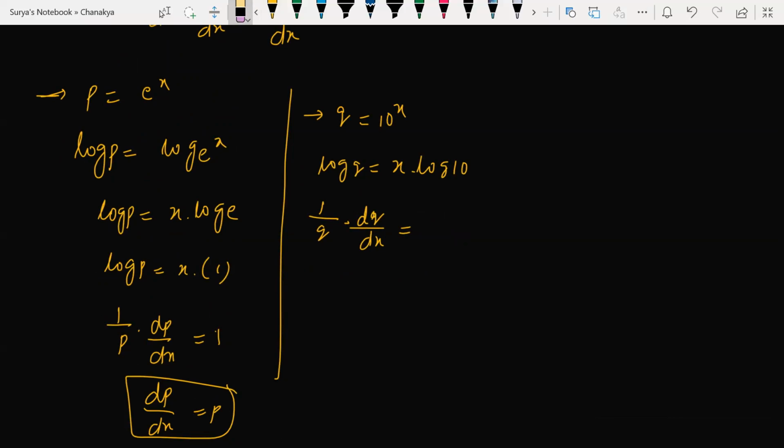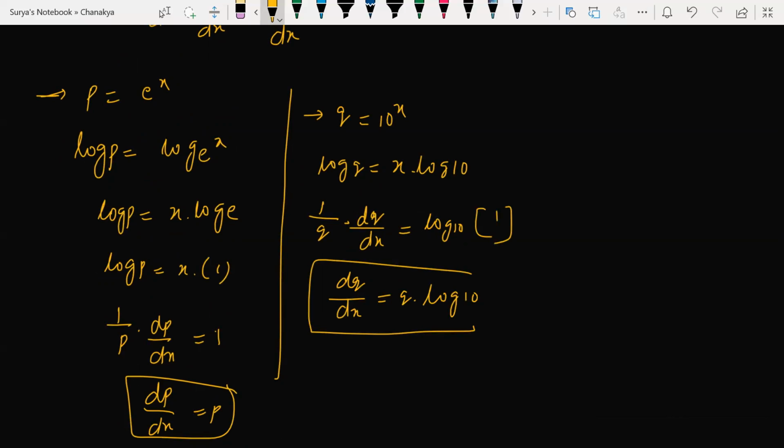Log 10 is a constant actually, so take it out. dx by dx is 1 actually. So dq by dx is equal to q times log 10.